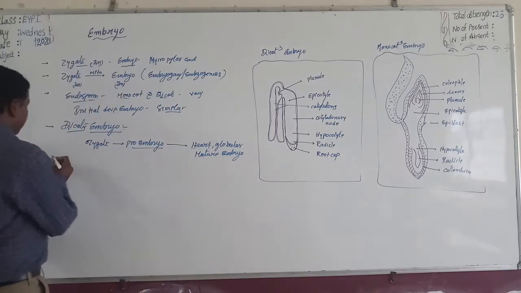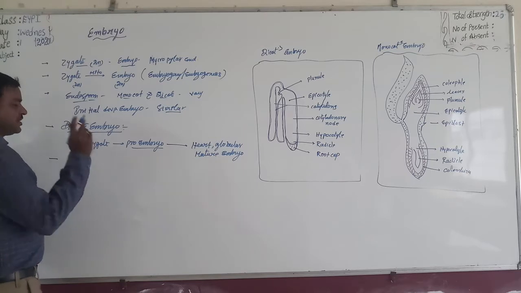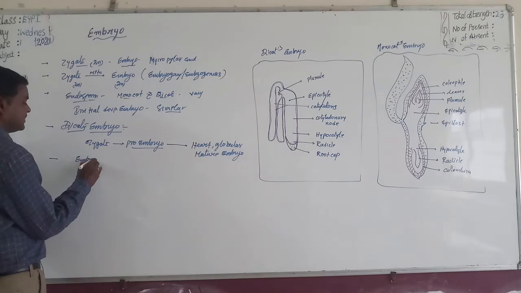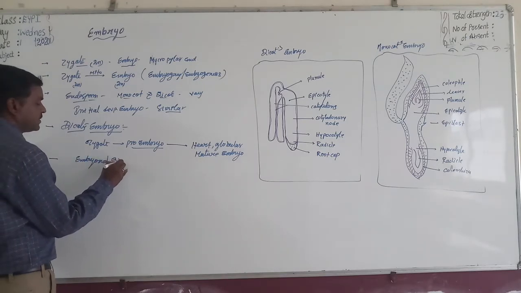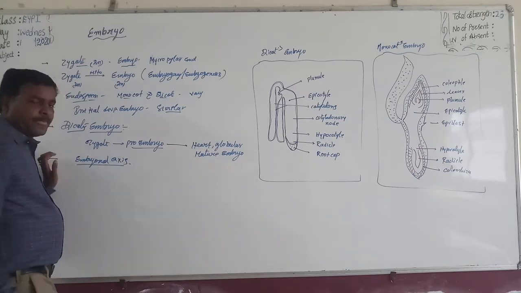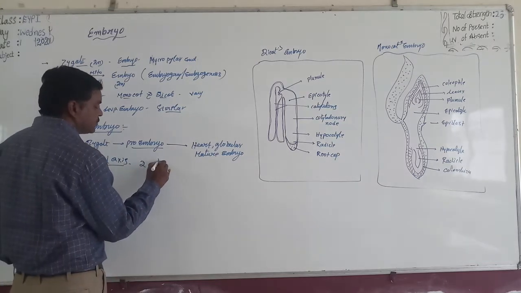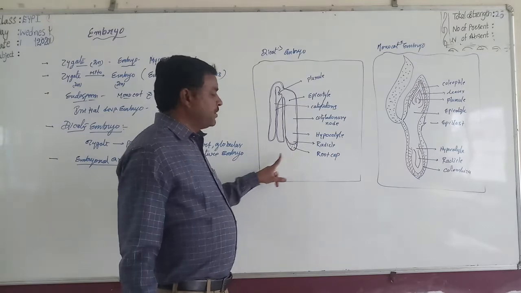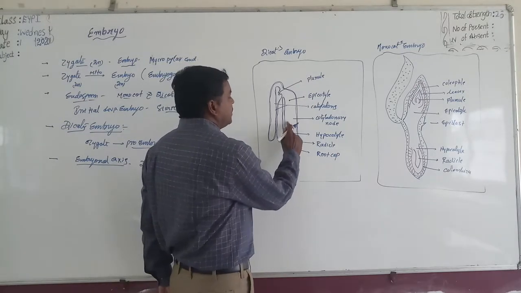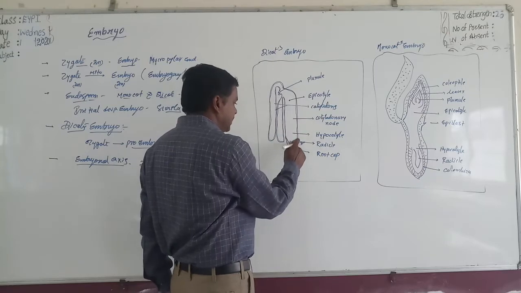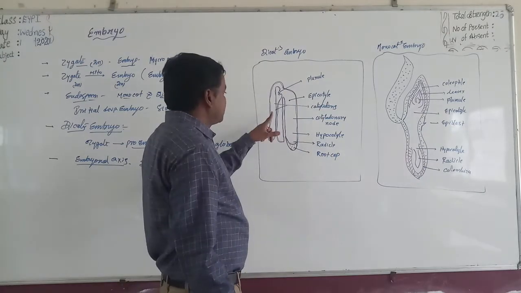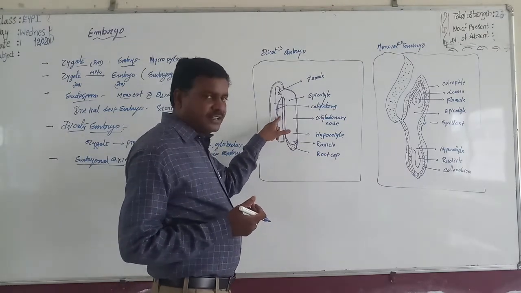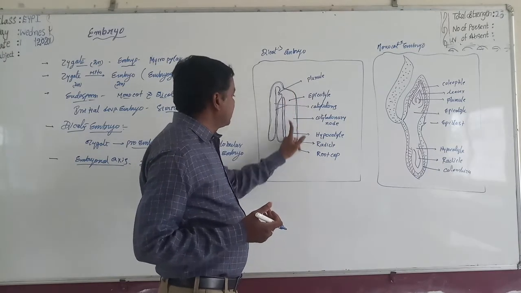In this way, every dicot embryo is represented mainly by two parts: one is the embryonal axis, and the other is two cotyledons. This is the dicotyledonous embryo, represented by the embryonal axis and two cotyledons.